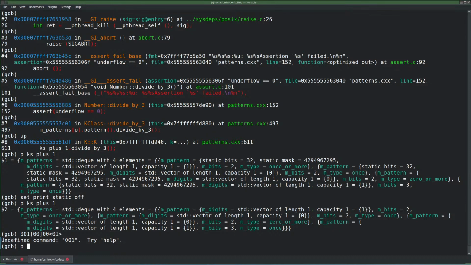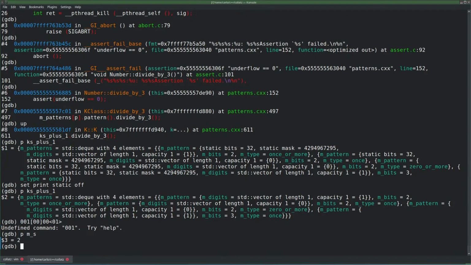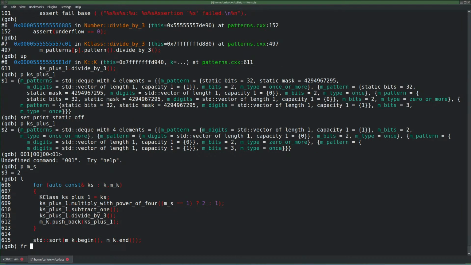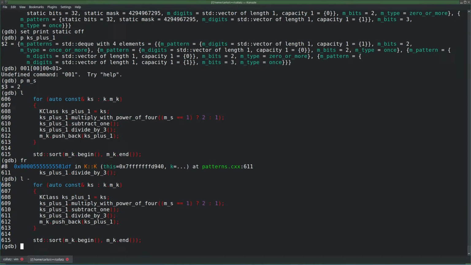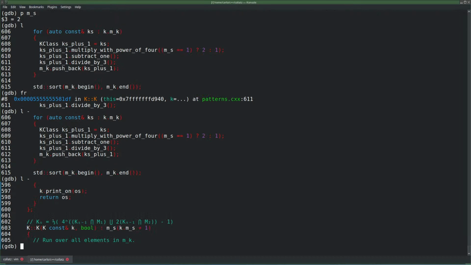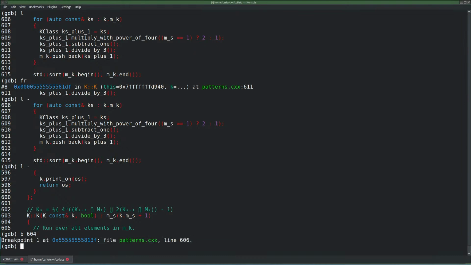Yeah, does not make sense, I think. But well, MS is 2. So if I list current thing, frame is now 611. I want to have my breakpoint on, I guess. Let me print this whole function. What the hell? Okay, I'm going to break in 604. It's a constructor. Nonsense actually, but okay.